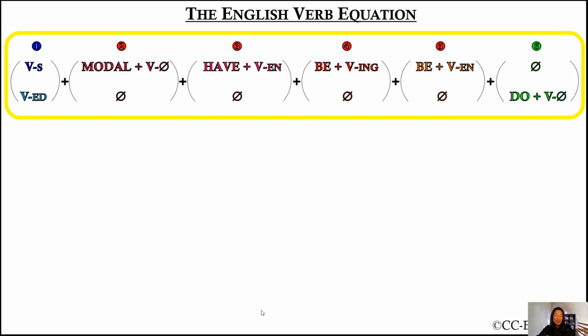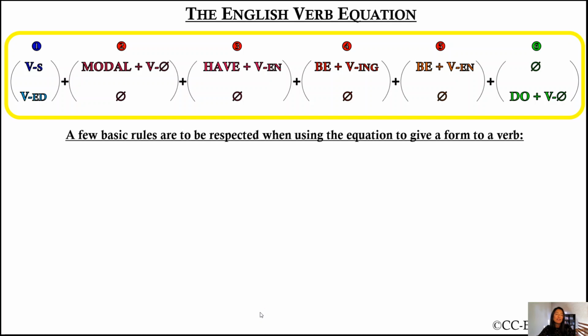Okay? So the English verb equation that you need to keep in mind in order to make sure that the verb form you create is correct, because either it corresponds to the equation or you need to make it correspond to the equation in order for that verb form to be correct.